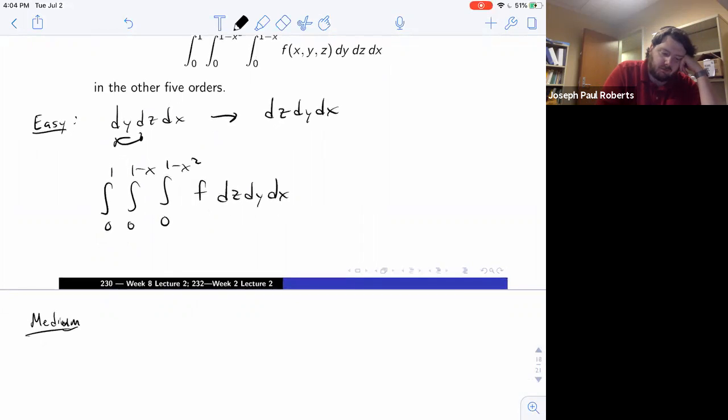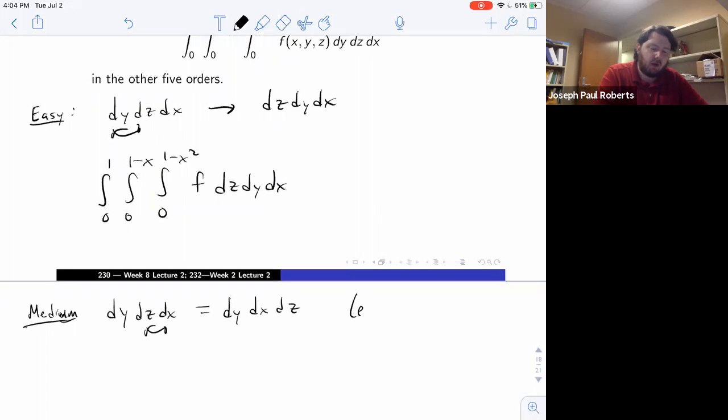What happened for easy was that we left the outermost alone, we switched the inner, and that's fine. So the medium difficulty is going to be taking what we start with, dy, dz, dx, and switching it to dy, dx, dz. So you leave y alone on the inside.